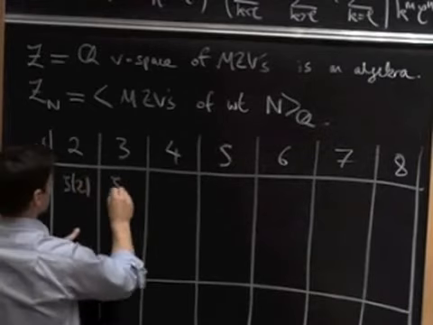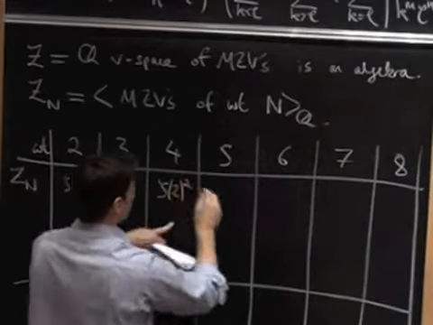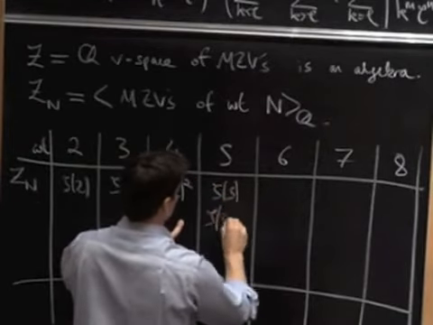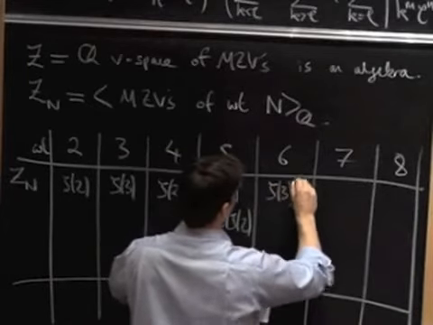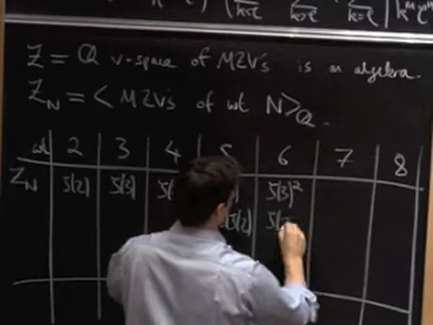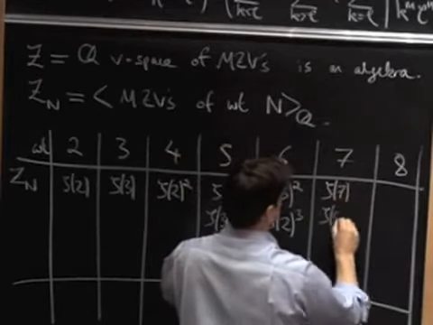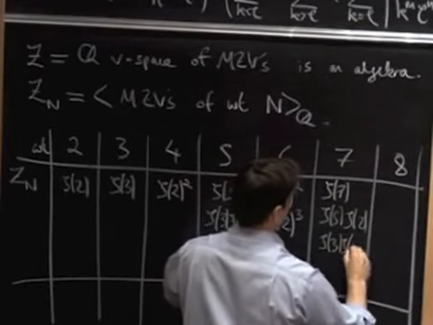And it looks like this. So by Euler's theorem, zeta 4 is also zeta 2 squared up to rational. Here we have zeta 2 cubed. Here we have zeta 7, zeta 5, zeta 2, zeta 3, zeta 2 squared.